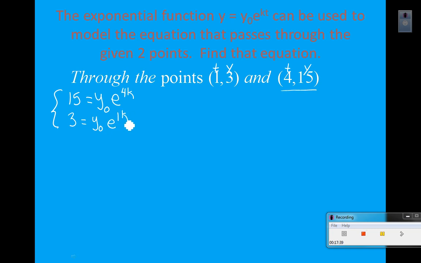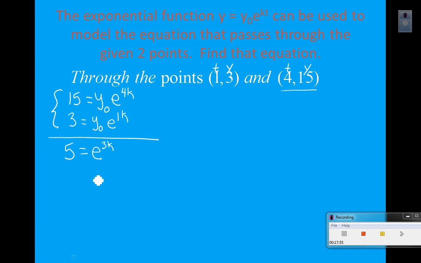There's my system of equations. To solve it, let me divide. So 15 divided by 3 is 5, equal, y sub 0 divides out, e to the 4k minus 1k is 3k.